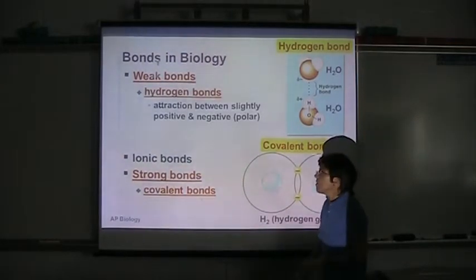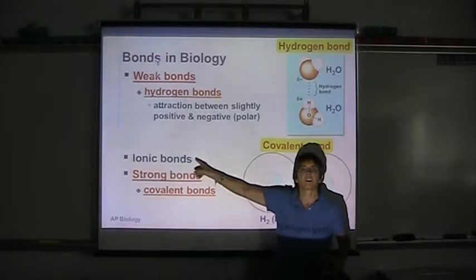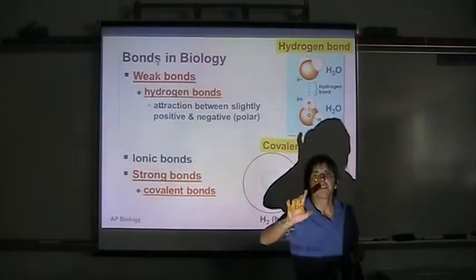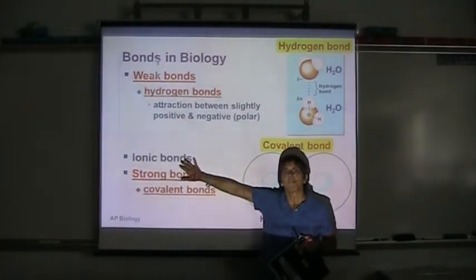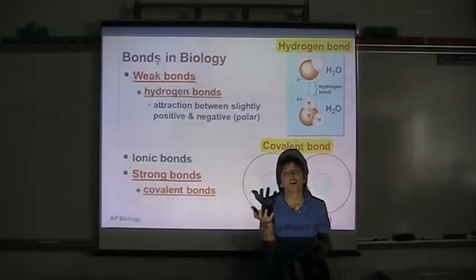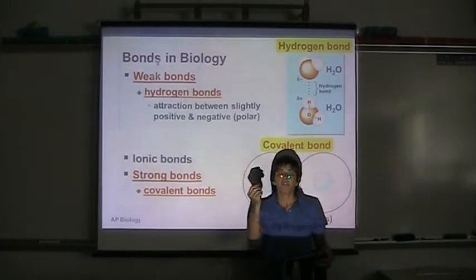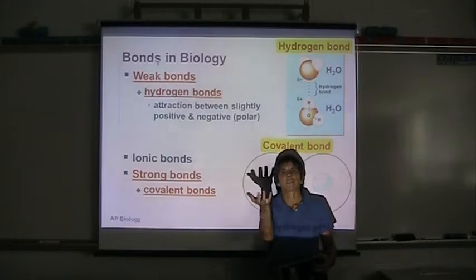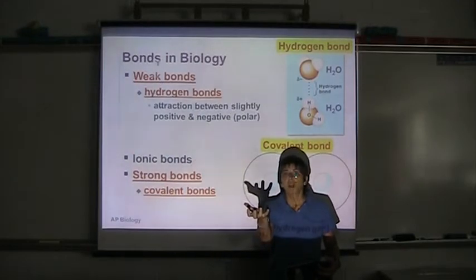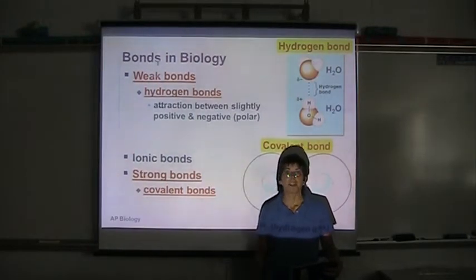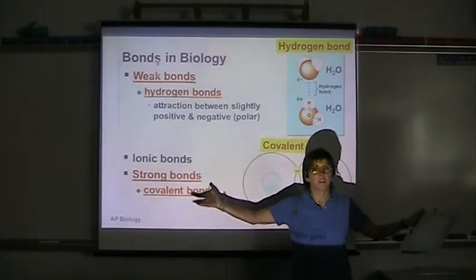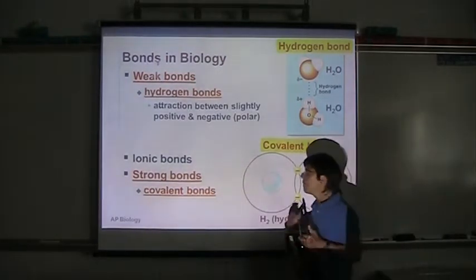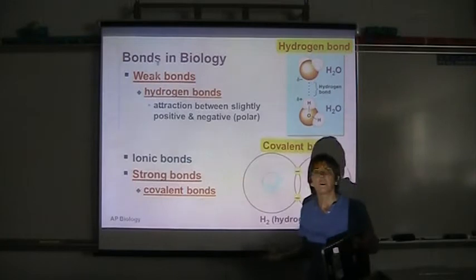I know in chemistry you learned that ionic bonds are the strongest, but in chemistry you're talking ionic bonds when you have things that are dry, a chunk of salt, sodium chloride. There is no way you're going to separate the sodium and the chloride. However, what happens when you put that sodium chloride in water? Which is most biology? Biology is wet. Everything happens in wet solutions.